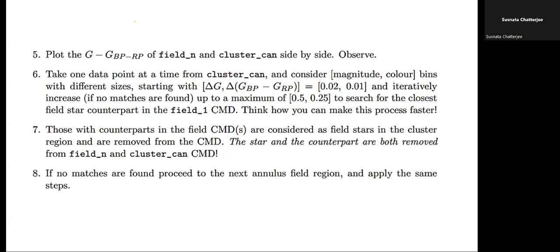Suppose this is the data point, and we consider color magnitude bins with different sizes starting with delta G, and delta BP-RP.